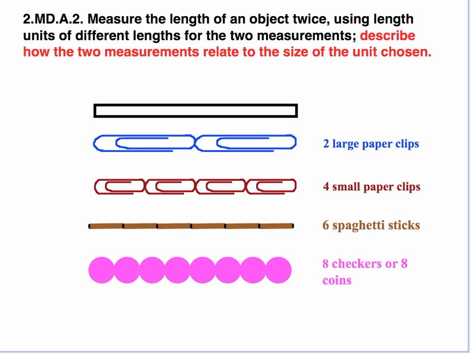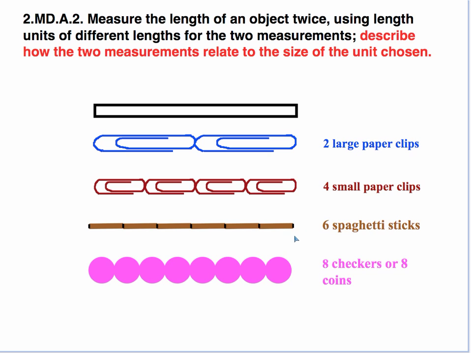Again, this whole idea is relating the size of the unit chosen to the number of those units that are going to be needed. So let's say, for example, we have this length here. It turned out to be 2 large paper clips. If we use a smaller unit, these smaller paper clips, we need more of them. We need 4 to measure that same distance.